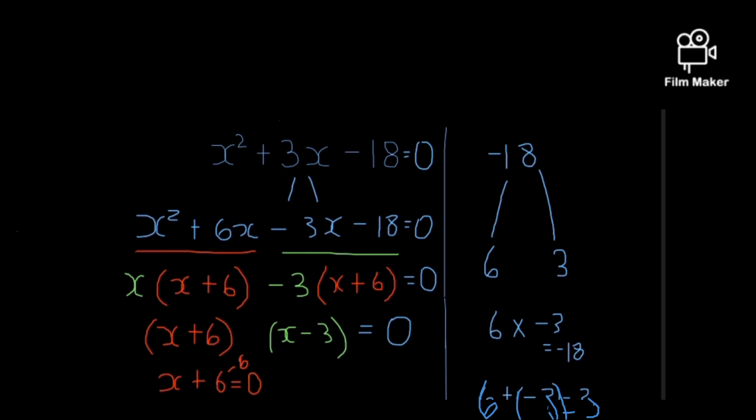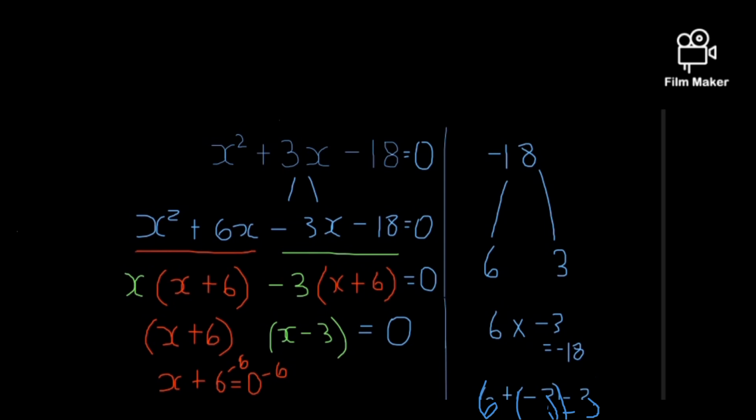So we'll subtract 6 from the other side of the equation as well. So 6 minus 6, as you know, leaves nothing. So we'd have just x left there, equal to 0 minus 6, which is minus 6. So x is equal to minus 6.